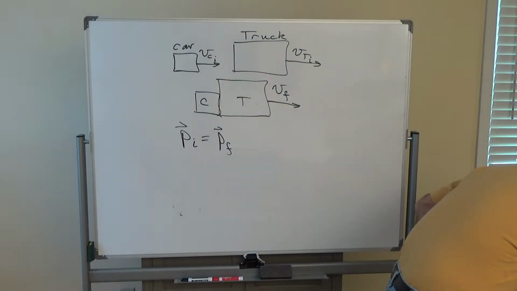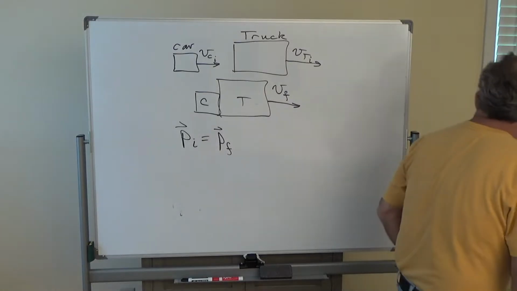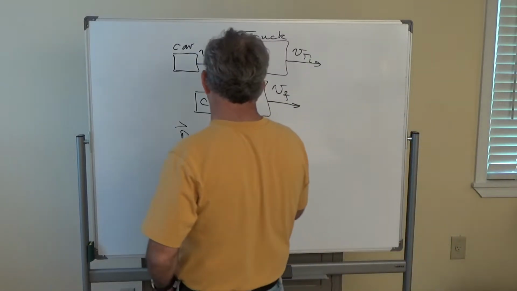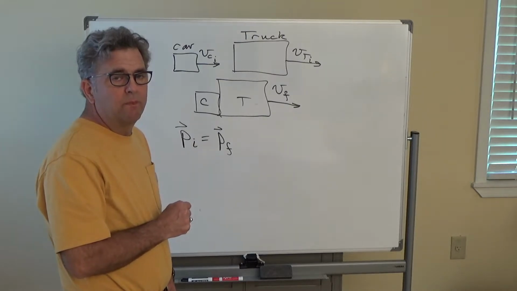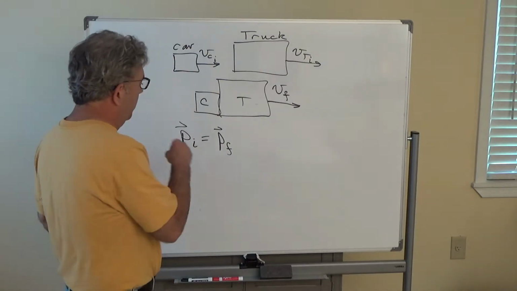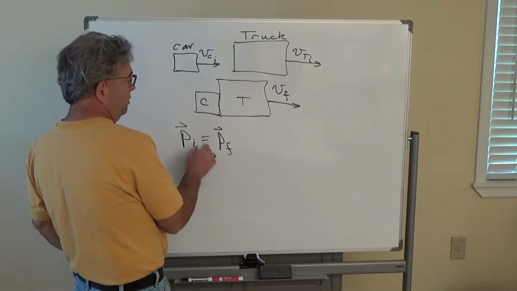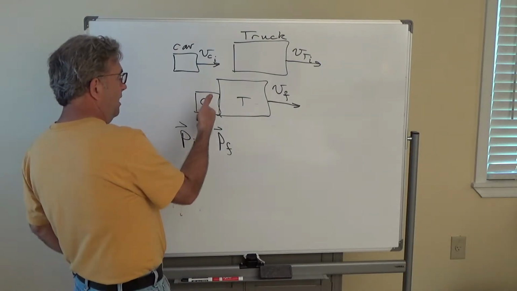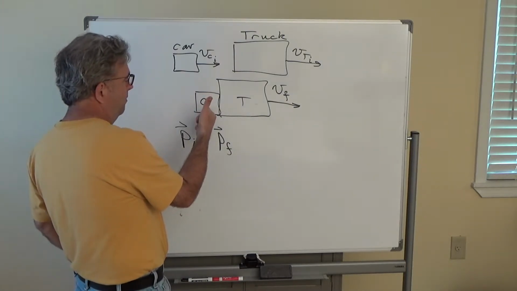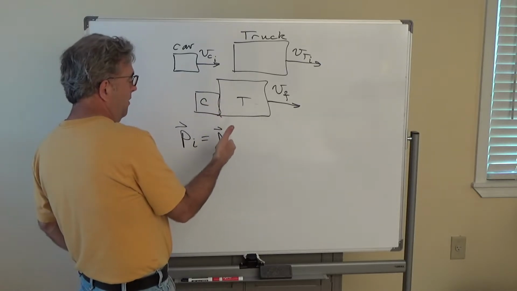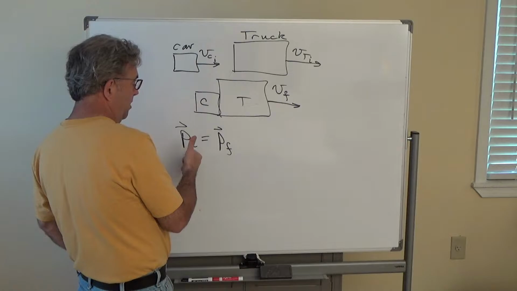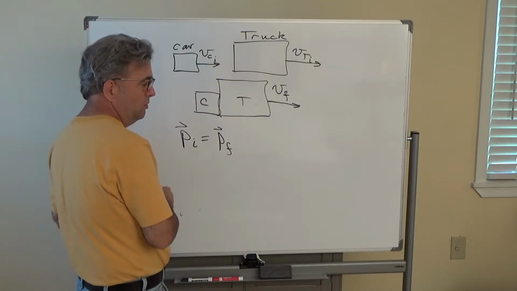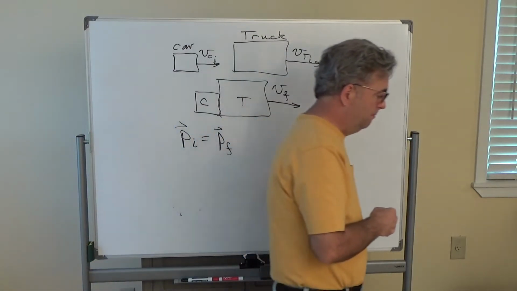In the drawing, it looks like they're stuck together, but it really doesn't matter, because this is what you need. If they give you the final velocity of the car, then you can calculate the final velocity of the truck because the momentum is conserved.